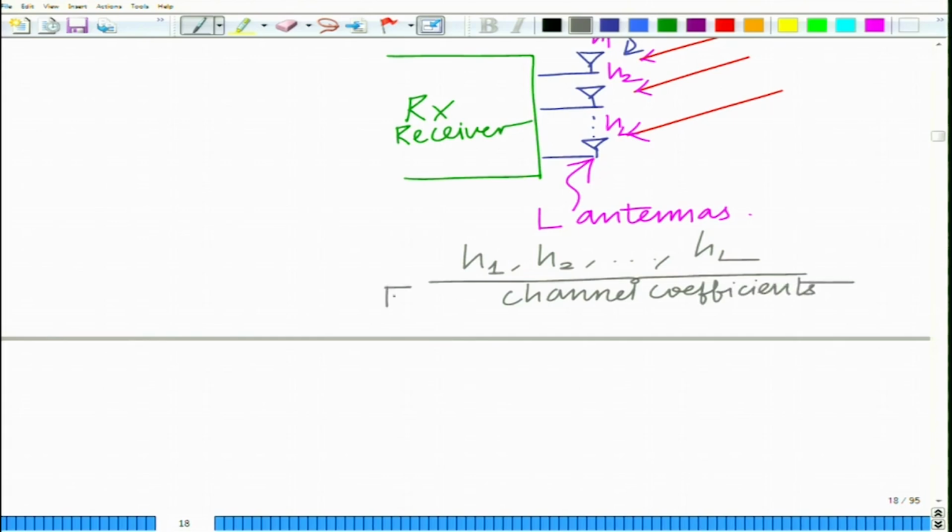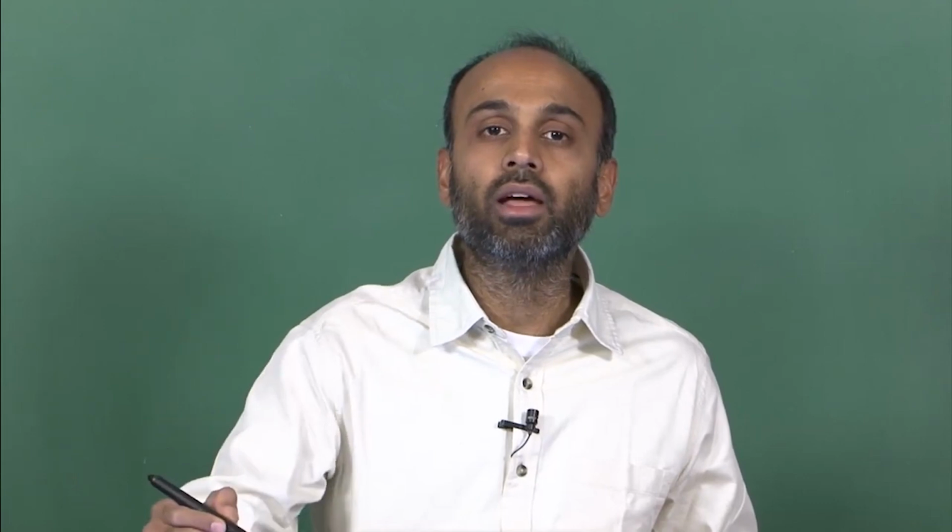These are also known as the fading channel coefficients, because the wireless channel is typically a fading channel, that is the received power across the channel is varying with time, it is increasing and decreasing. So, the wireless channel coefficients are also known as fading channel coefficients, and H1, H2, HL denote the L channel coefficients corresponding to the L antennas in this multi-antenna receiver.